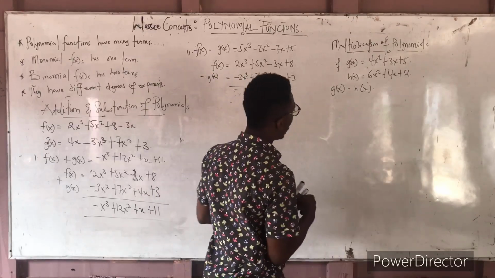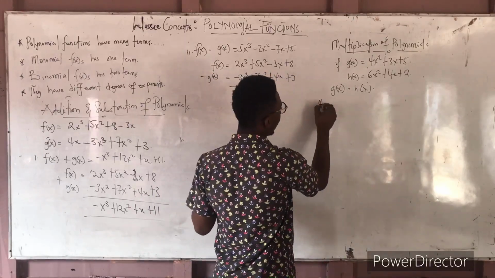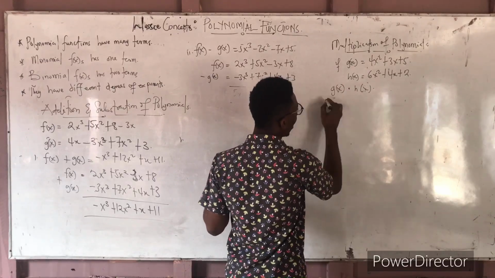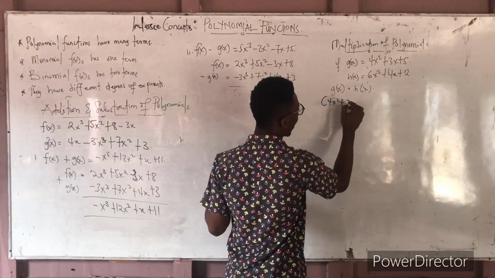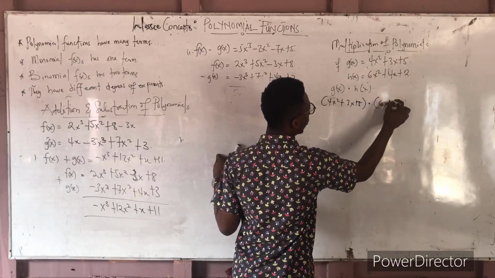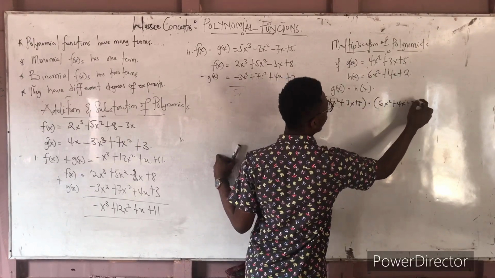Okay, so now what we do here is that we get 4x squared multiplying what? Okay, so let me write the whole term first. 4x squared plus 3x plus 5 multiplying 6x squared plus 4x plus 2.